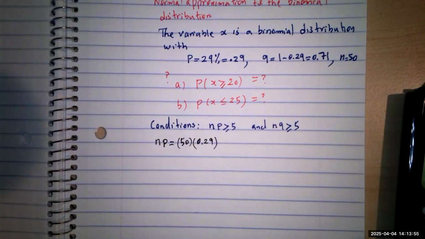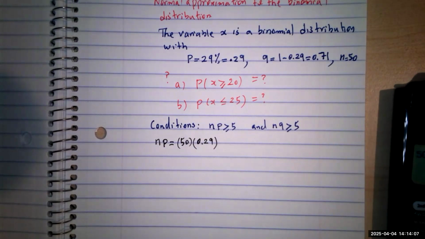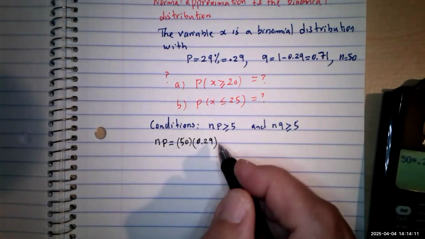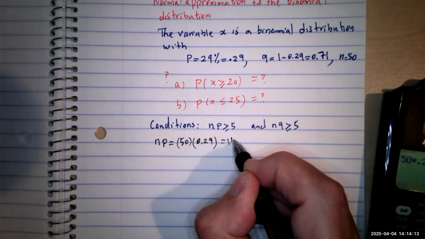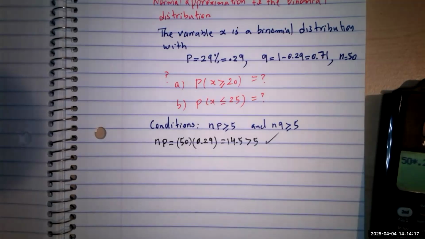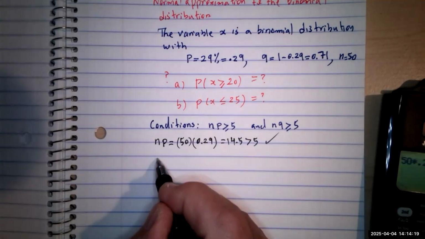We have 50 times 0.29. That gives you 14.5. So np is equal to 14.5, which is greater than 5. So we are fine.